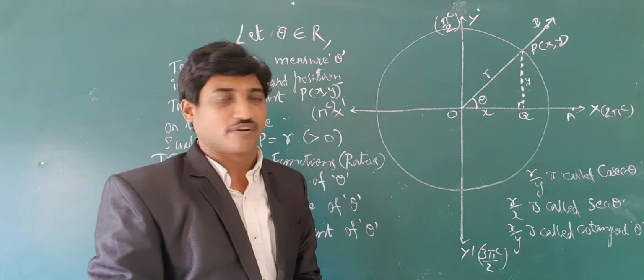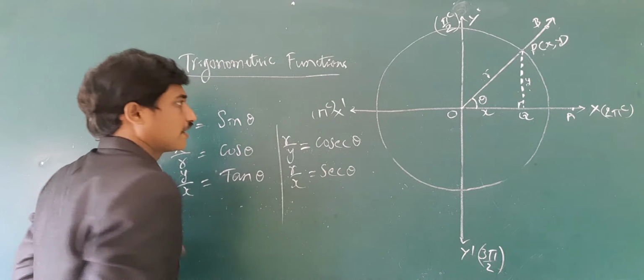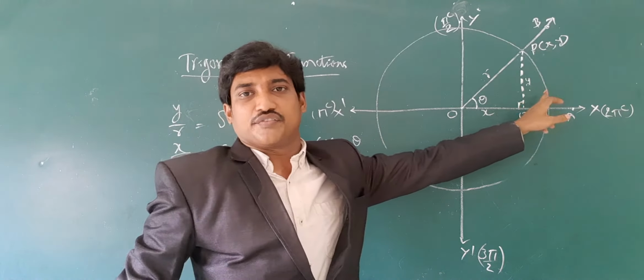Next, y by x is called tangent theta. Next, r by y is called cosecant theta. Next, r by x is called secant theta. Next, x by y is called cot theta.